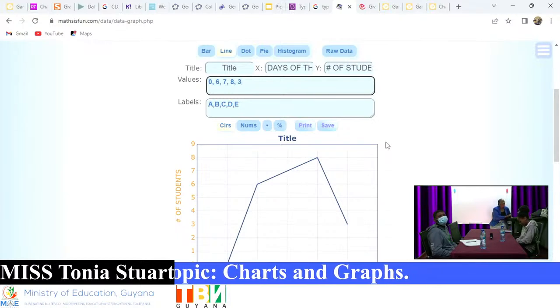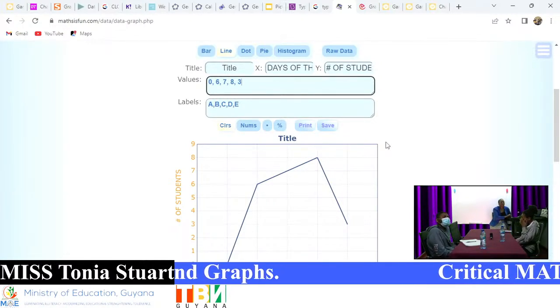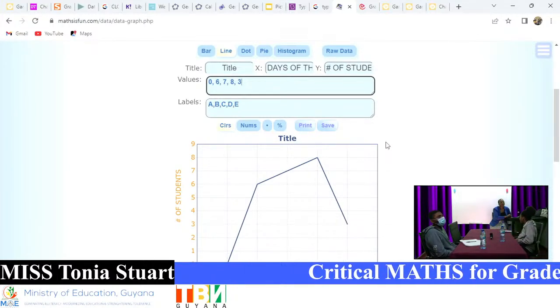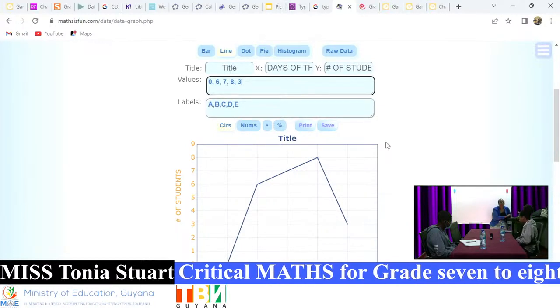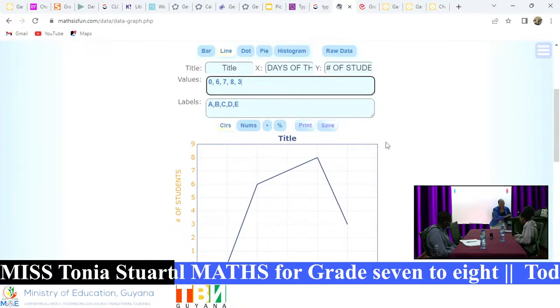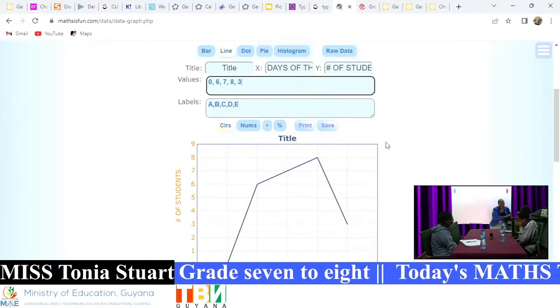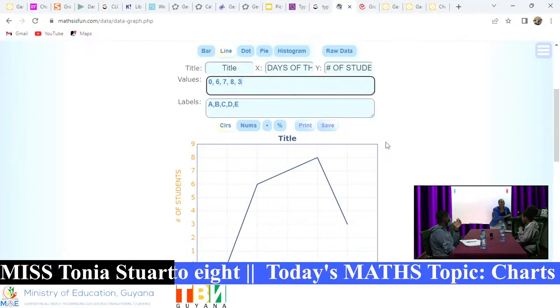Good. So there we have a line graph. So how would you describe a line graph? It kind of has a pattern that either goes up or down, increase and decrease.